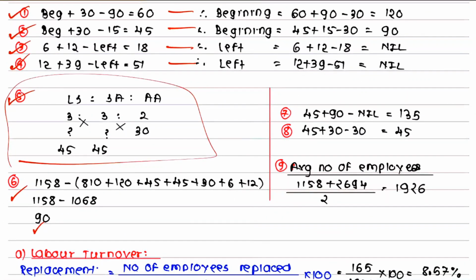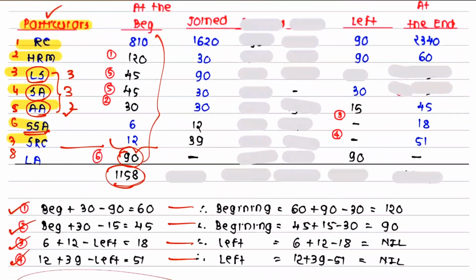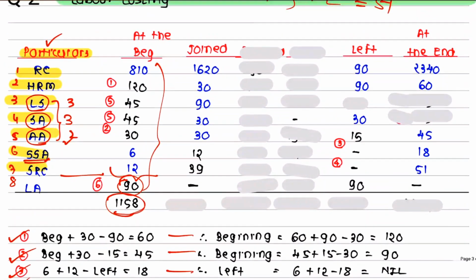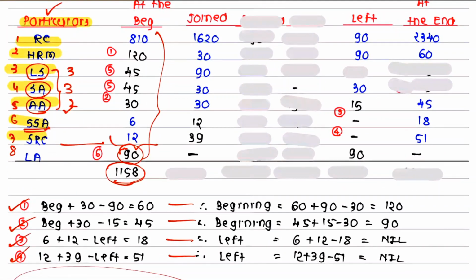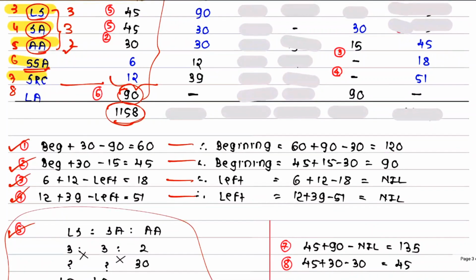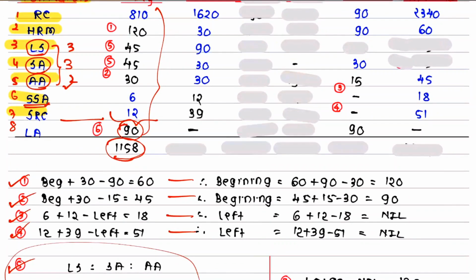Clear? Okay, now we will see who is left. What else is left. Okay, so which one remains for you? LS. Okay, now if we just talk about LS, first of all, something if it is not given, that is going to be your nil.